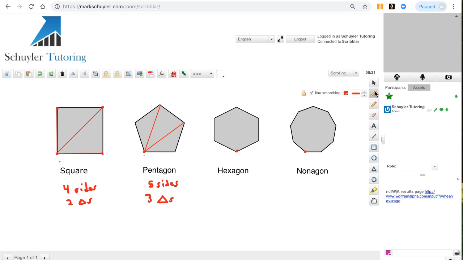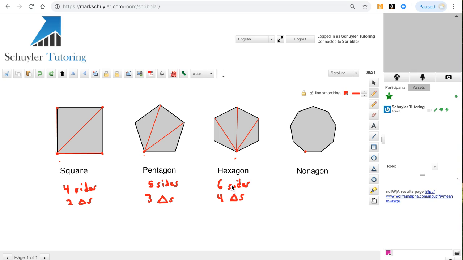With our hexagon, starting from here, going to all the vertices in the picture, you can see we've broken up this six-sided shape into four triangles. And do you see the pattern? Of course you do. We seem to always be lagging behind in the number of triangles by 2.